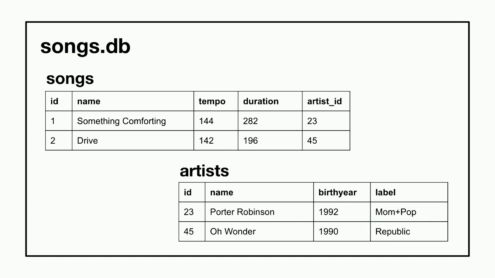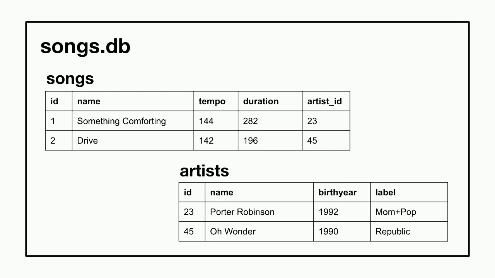I will have a table called songs, and within that we have columns ID, name, tempo, duration, and artist_ID. And my artist_ID is referring to the ID in the artists table.